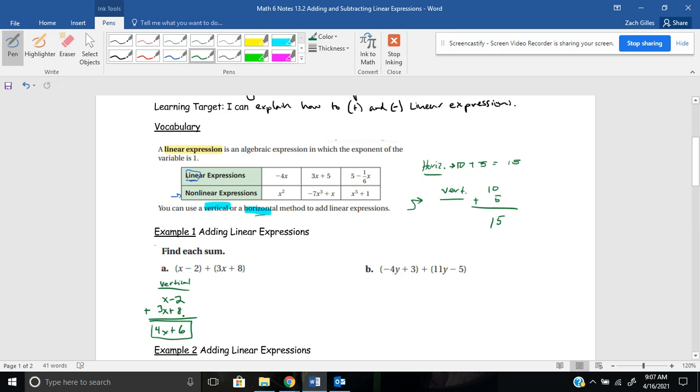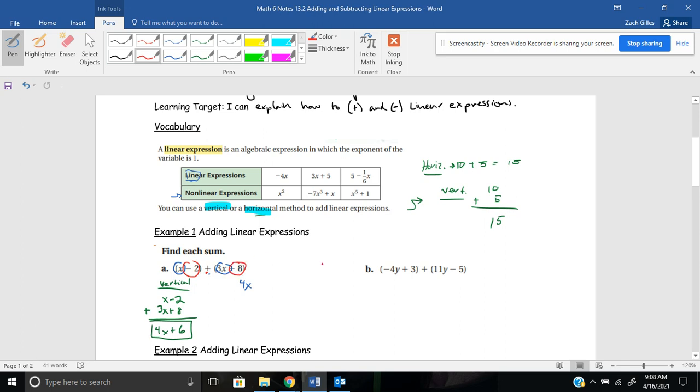Now, the other way you can do that is to use the horizontal method, where you just look for like terms. You have an x and you are adding to that 3x. Well, x plus 3x would be 4x. And you also have another set of like terms, negative 2 plus positive 8.